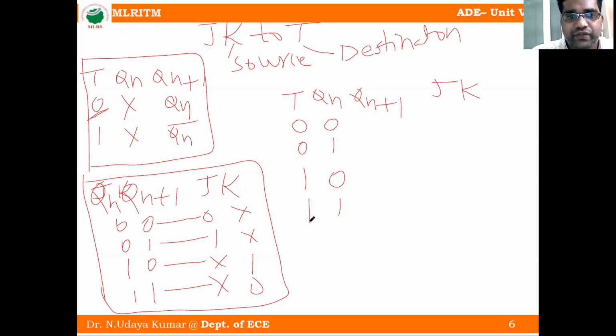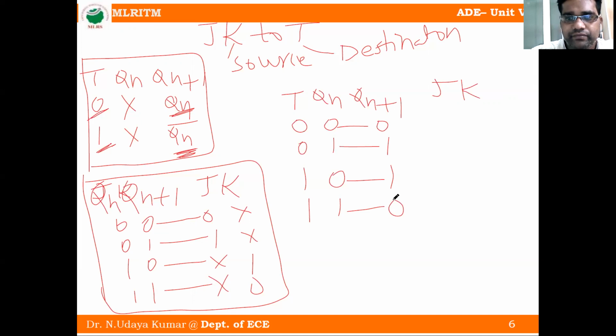Then if T is equal to 0 means no change, we will get as it is: 0 as it is and 1 as it is. Qn, the present state only, we will get if T is equal to 0. If T is equal to 1 means present state is complemented here. That means present state is Qn, complement of 0 is 1 and complement of 1 is 0.